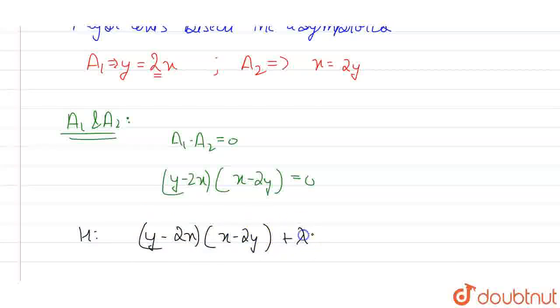Let's take lambda here, which equals 0. Somehow I have to find a specific value for this lambda, because it is a constant.